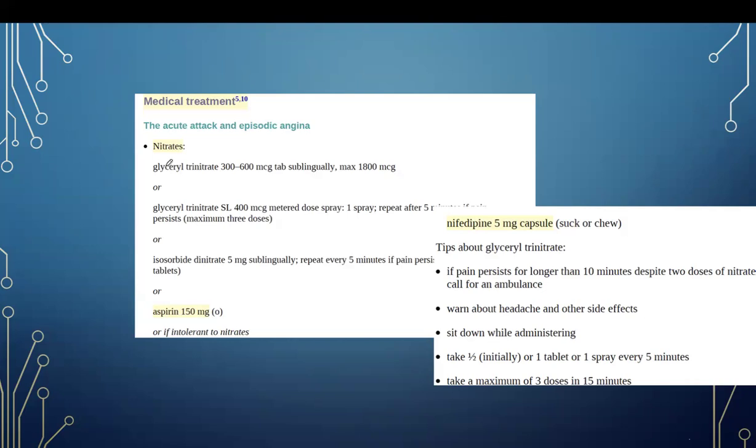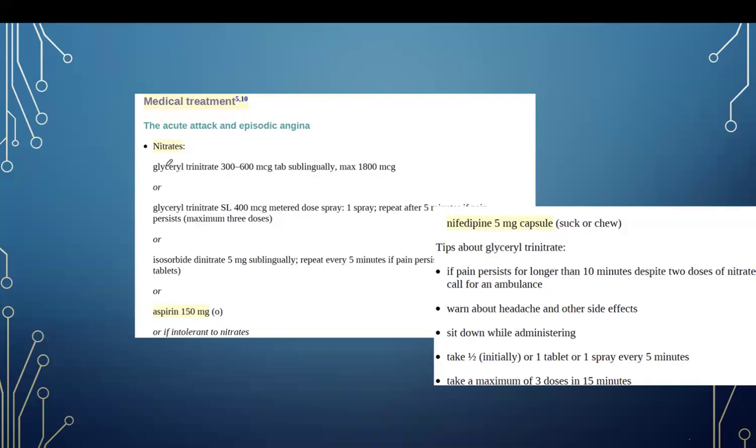All the preventative treatment will be the first line treatment. If there is any other risk factor, like high cholesterol, we will treat that. If the patient has hypertension, we will treat that. If the patient has obesity or is gaining a lot of weight, we can give weight loss treatment. So treating the secondary risk factors is also very important in stable angina patients, and that will help this patient not to progress into unstable angina or eventually an MI.